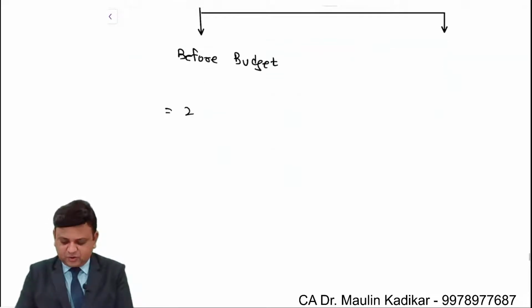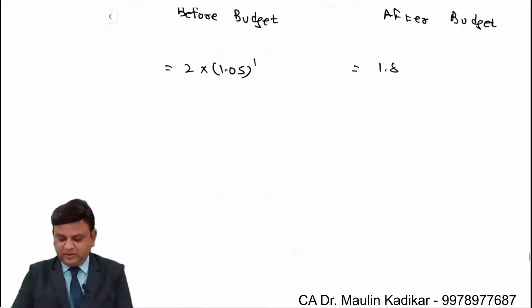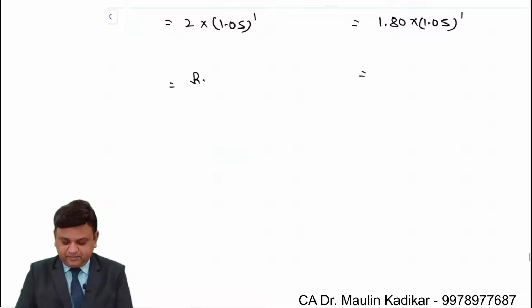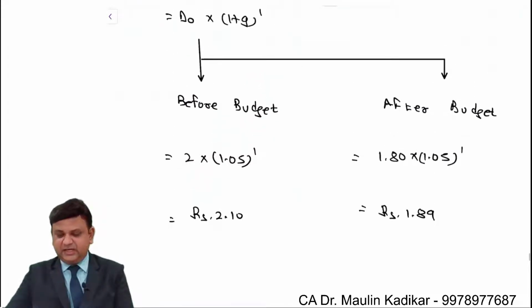Before budget it was 2 into 1.05 raised to 1, and after budget no information is given about the change in the growth rate, so it will remain the same, 1.8 into 1.05 raised to 1. That is 2 rupees 10 paise. Next is 1.8 into 1.05. That is 1 rupee 89 paise. That is the way D1 will be calculated in both situations.